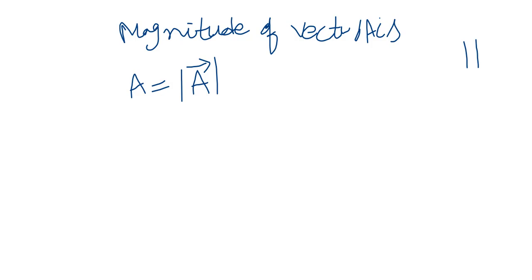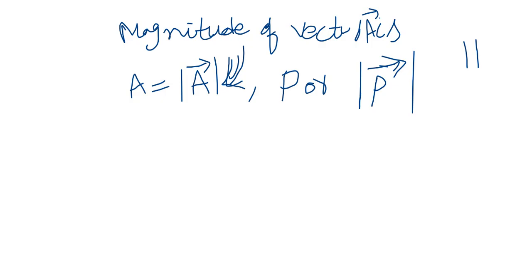So it is the magnitude of vector A, or modulus of A bar. Suppose that P is a vector, its magnitude is P, or modulus of p bar. So this is the representation of the vector.